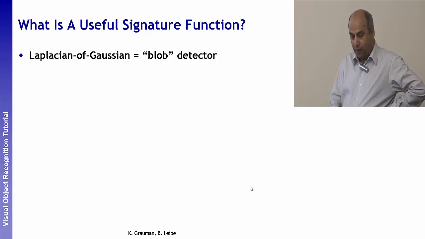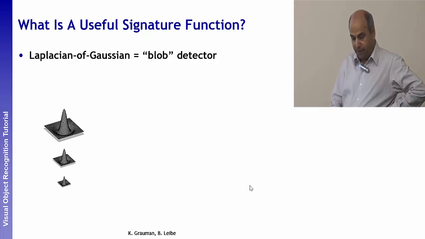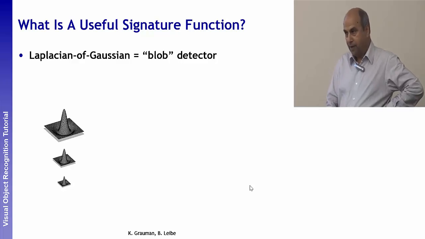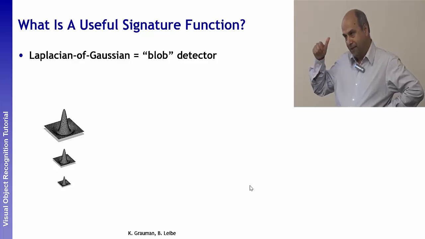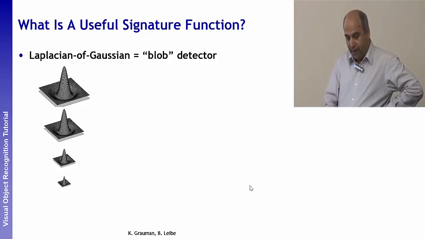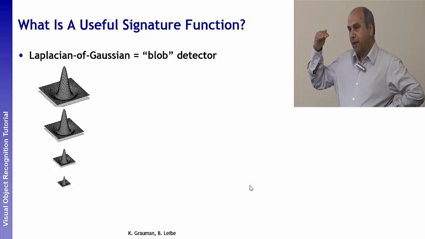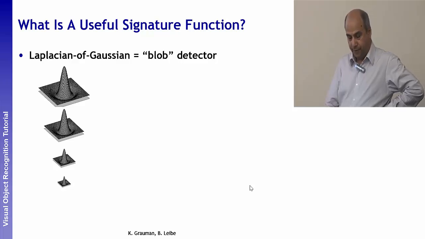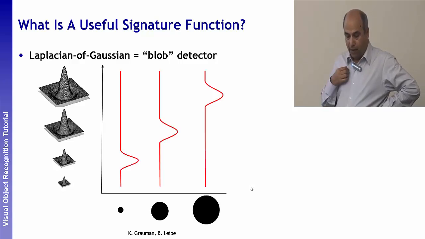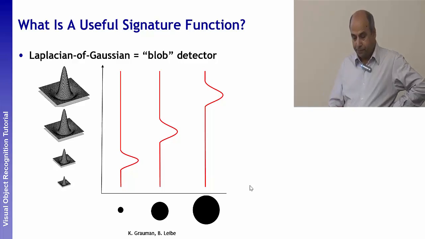Now, what that means is that we can actually use the Laplacian of Gaussian as a blob detector. These are the different Laplacians of Gaussian. They're actually inverted Gaussians. As you remember, the Laplacian of Gaussian is an inverted Mexican hat, so it's positive, it should be negative. So the idea is that we have these Mexican hats of different sizes. Okay, now let's say we have an image.